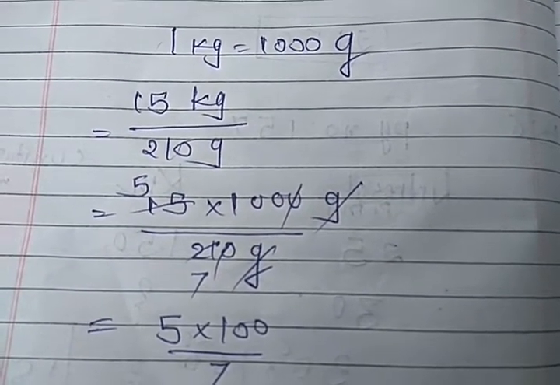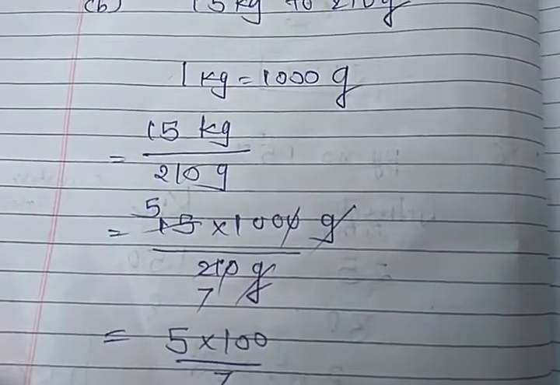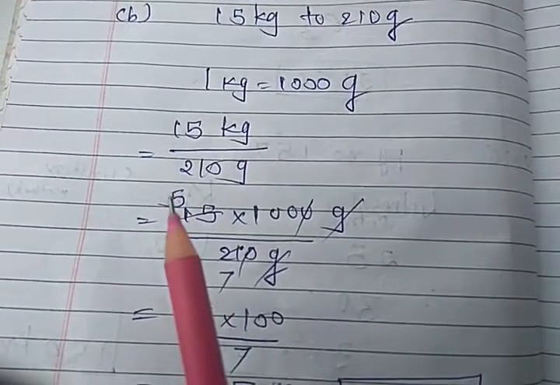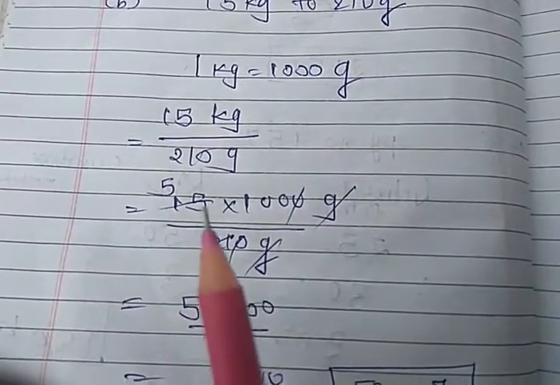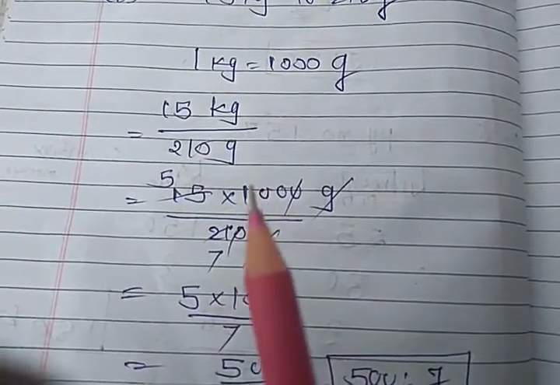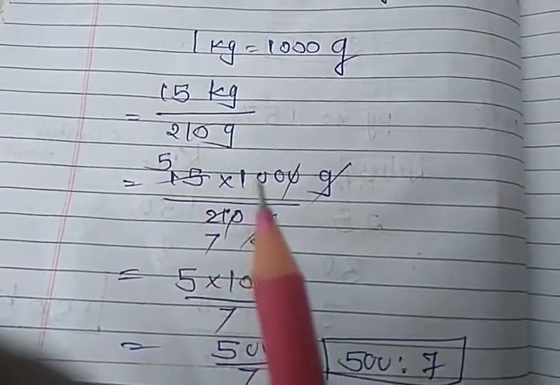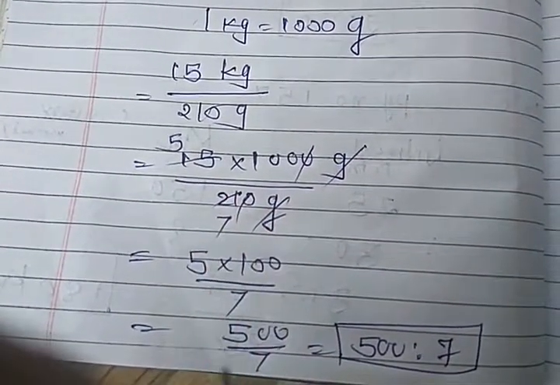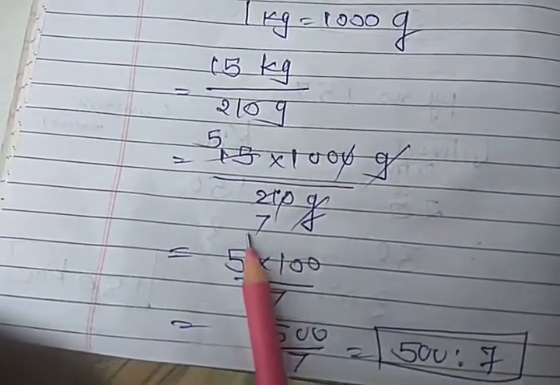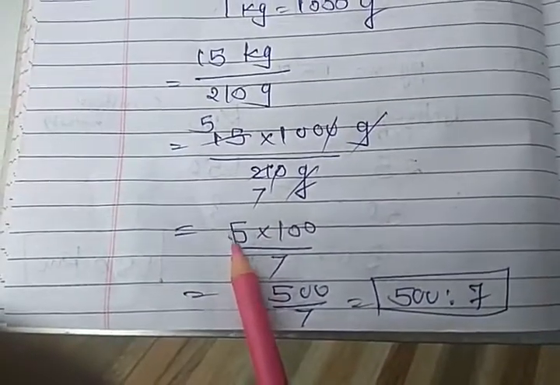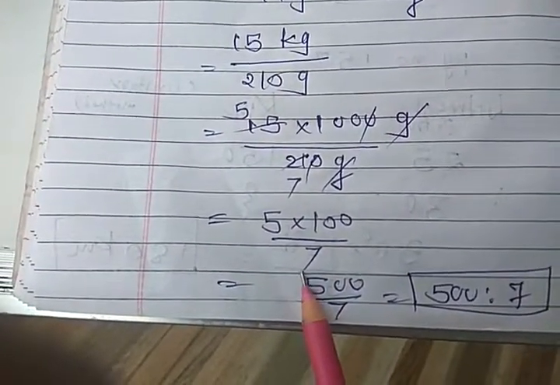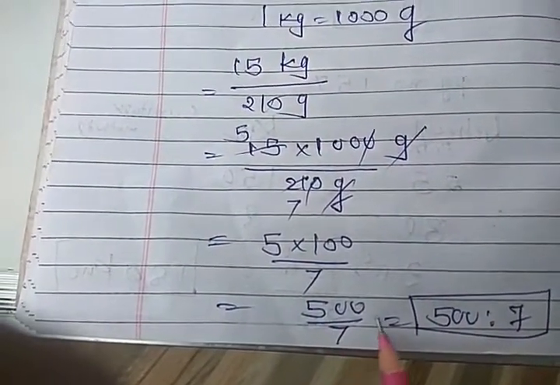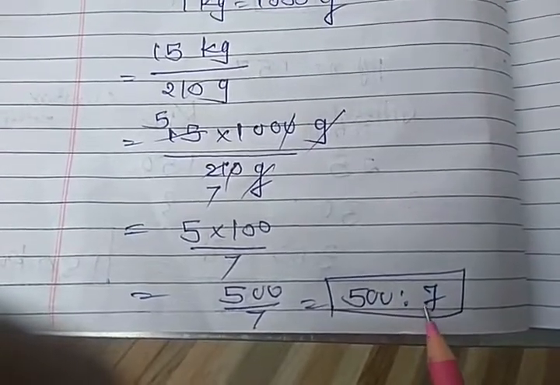Here you see that 3 sevens are 21 and 3 fives are 15. Now it is not possible to cancel anything. So we have to multiply in numerator. So 5 is remaining and here 100 is remaining. So 5 times 100 is 500 in the numerator, and in the denominator 7 is remaining. So 500 upon 7. Okay, so 500 is to 7.